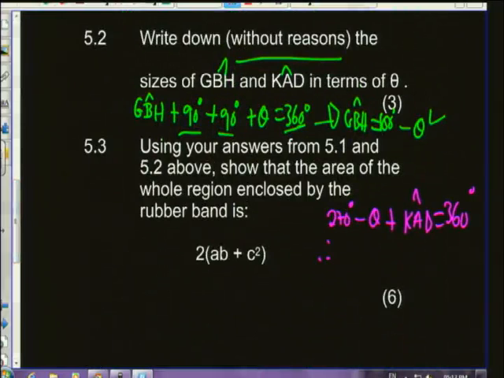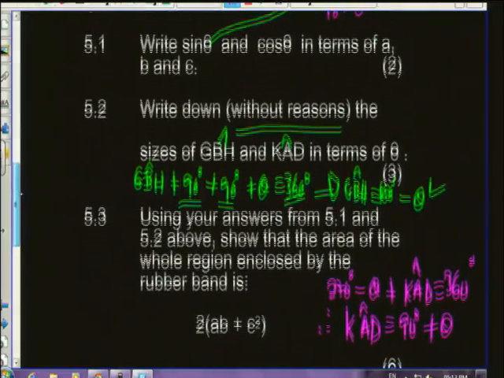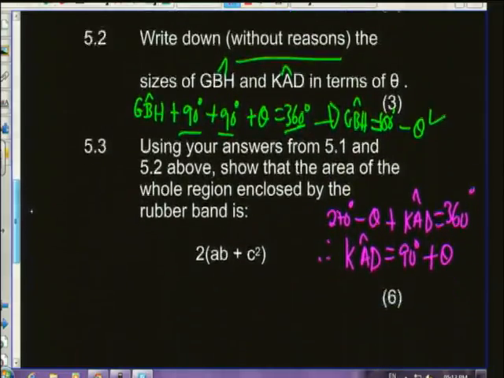So therefore, transposing the theta, KAD is 360 minus 270, that's 90, plus theta. So KAD is 90 degrees plus theta, and your GBH is 180 degrees minus theta.